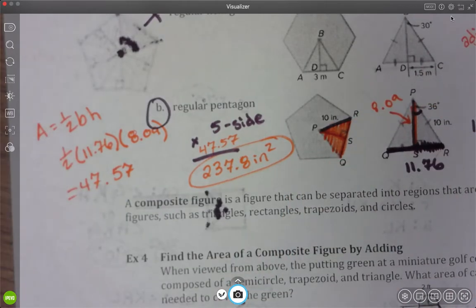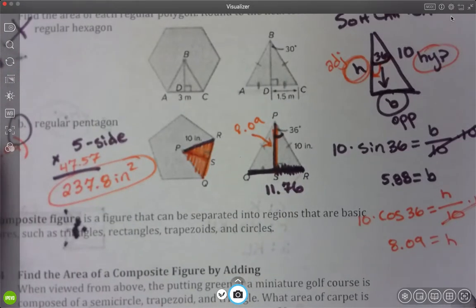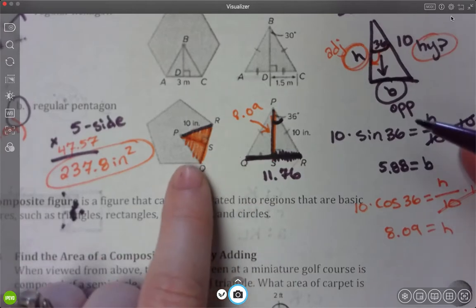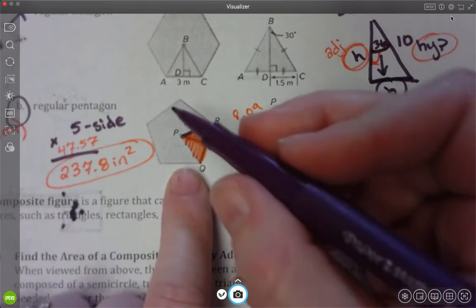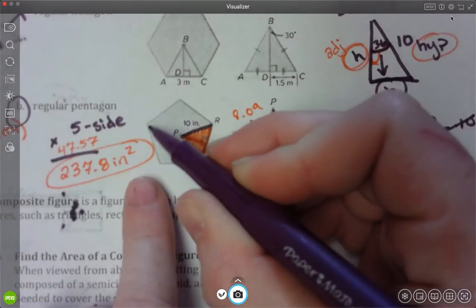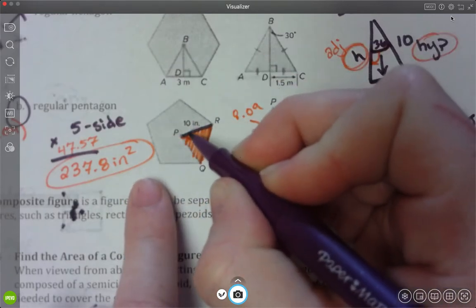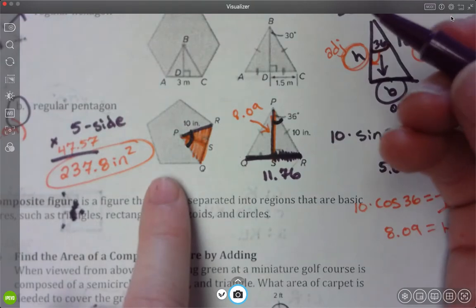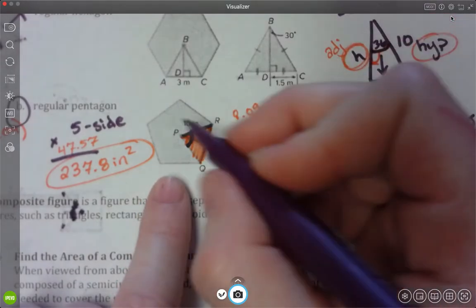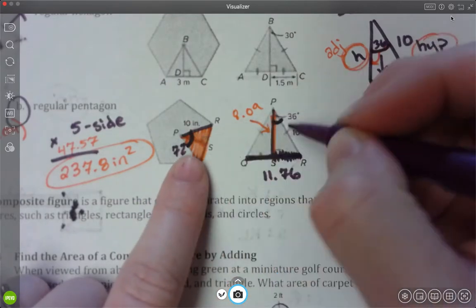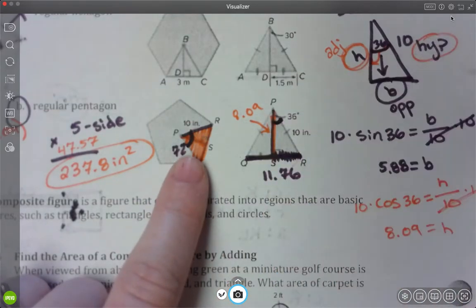Now, one more thing I will add. How do we know that this is 36 degrees? They didn't originally give that to us. How do I know that that's 36? Well, in that 5-sided figure, if we take 360 and divide by 5, this whole angle across here is 72 degrees, but then half of 72 will give us just that little piece, which is 36.